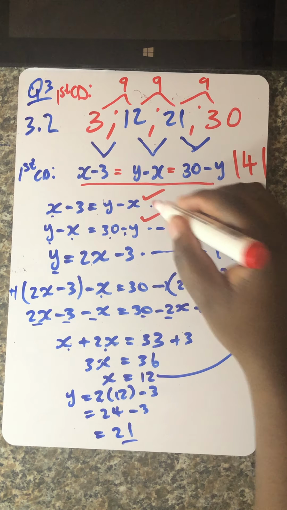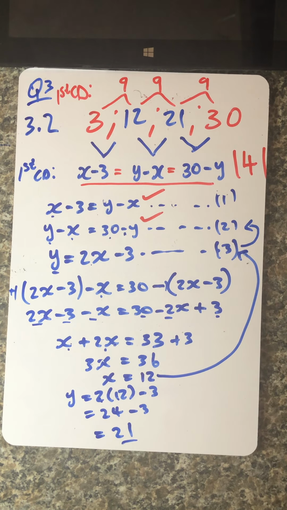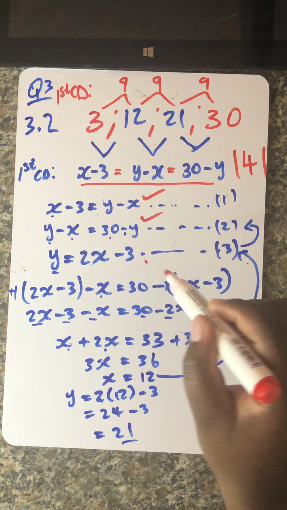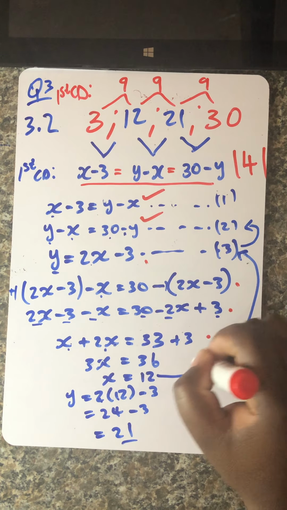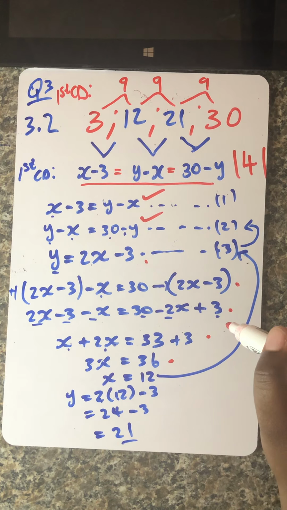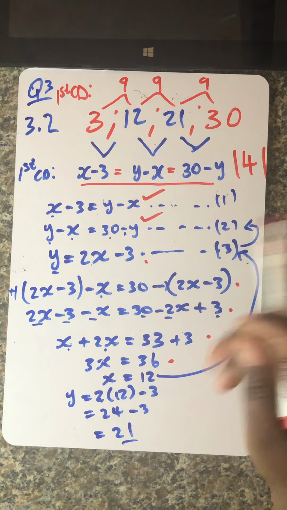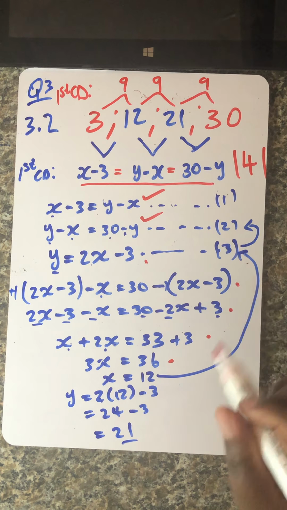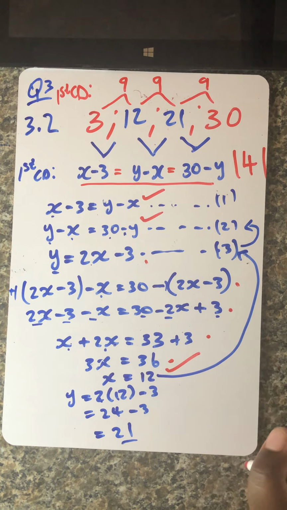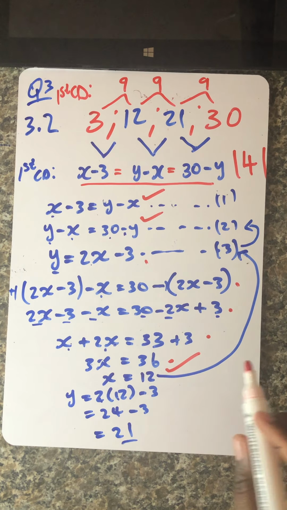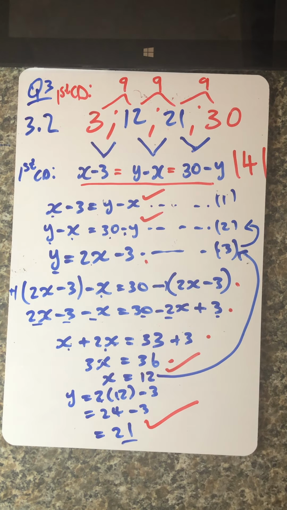So we just give you a mark for those two. There's no need for us to give you any marks there. We assume this is grade 10 stuff. You are just solving. There's nothing tricky there, so we don't give you any marks. But instead, we'll give you a mark for your x value, and again, we'll give you a mark for your y value. So ladies and gentlemen, this is how you score your 4 marks for this question.